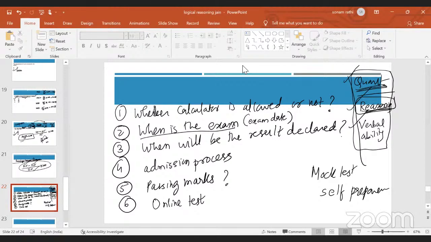After that, you start writing the mock test, because without knowing the basics, how will you write it? You will get all the questions wrong and then you get demotivated. So first do some preparation and then start writing the mock.